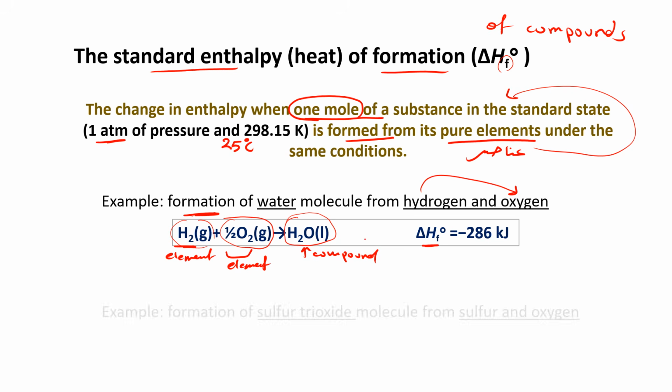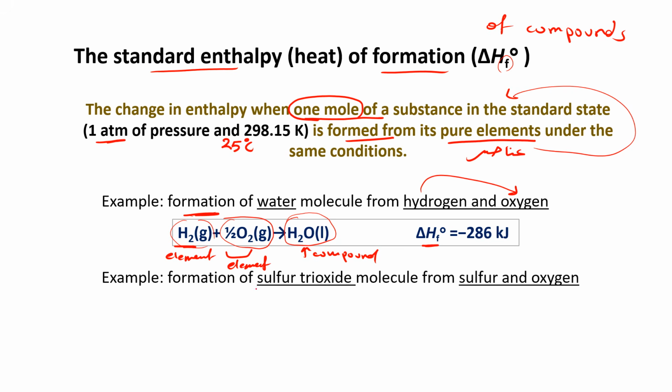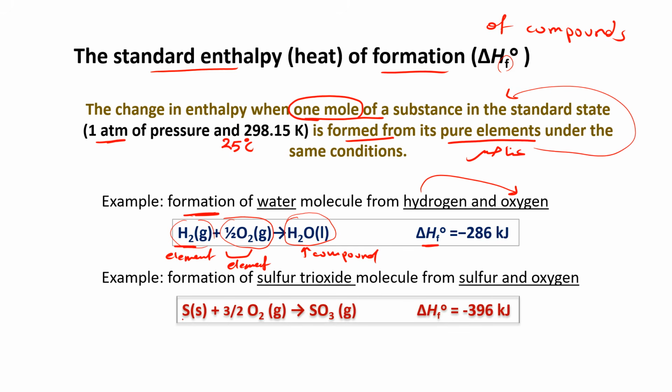Okay? Also, the formation of sulfur trioxide from sulfur and oxygen. Again, this is an element, this is the element oxygen, and then we are making a compound here, right? So the delta H is F here, formation, because we are making a compound from pure elements, okay?